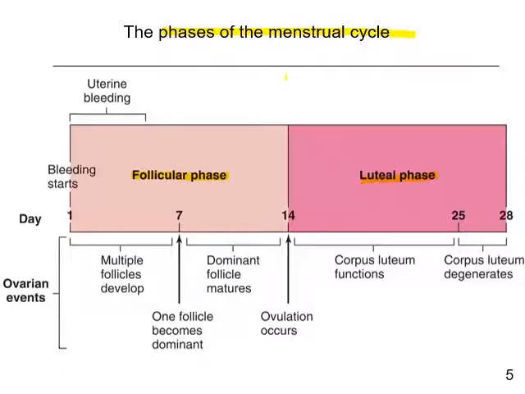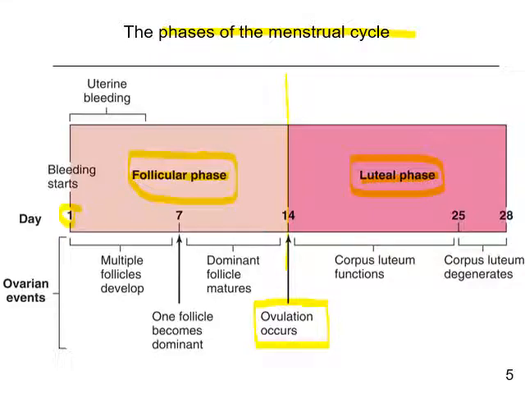And the separation between them is when there is ovulation of a mature oocyte. So before ovulation is the follicular phase of the menstrual cycle, and after ovulation is the luteal phase of the menstrual cycle.